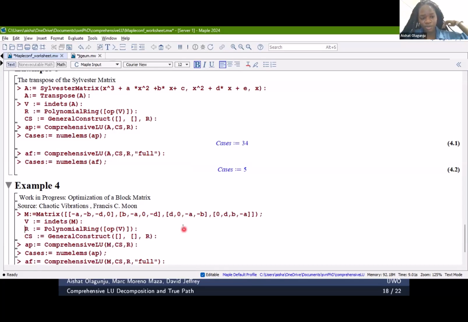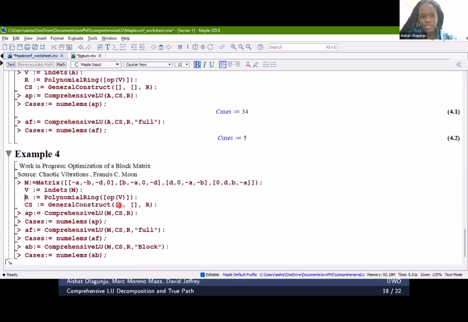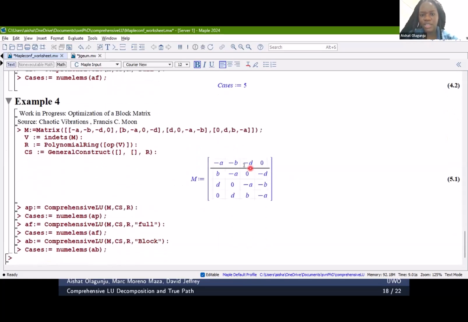Now, our work in progress is the optimization of a block matrix. This matrix we took from the book Chaotic Vibrations by Francis C. Moon, where M, at first glance, has the first block and the fourth block being the same matrix, and the second and the third are, in quotes, simple matrices, which is just the parameter multiplied by the identity matrix.